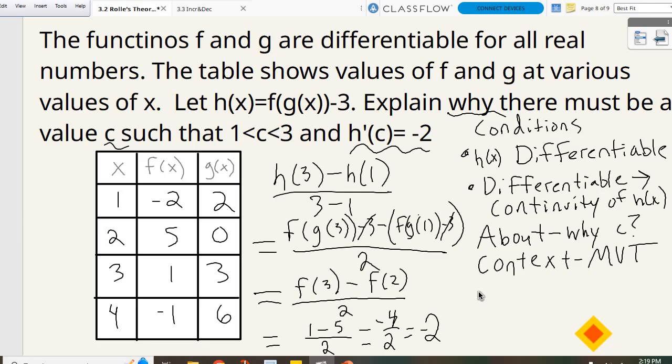Yeah. So therefore, by what? By MVT, there must be a what? What's our time here?